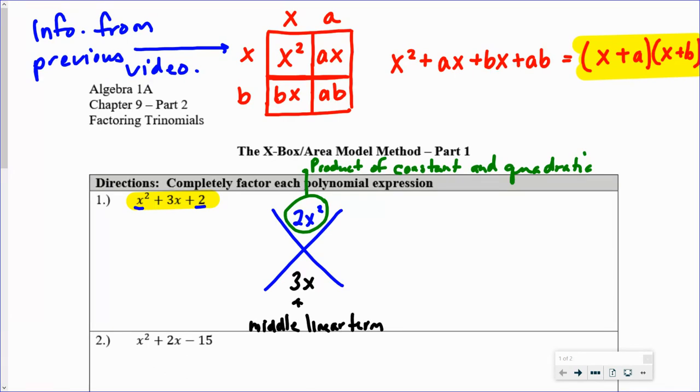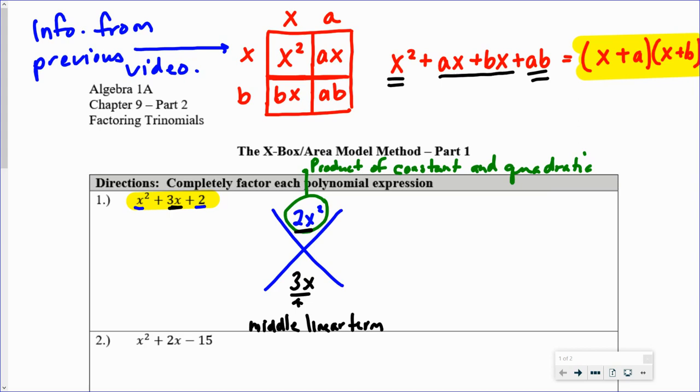All right, so in this case, for ours, it's 3x. That's the middle linear term. Now, as I had mentioned, we're looking for factors of 2x squared that add up to 3x. And if you remember back to the last video, you see this middle term, ax plus bx. Those come from ab times x squared. This is what we talked about in the previous video.